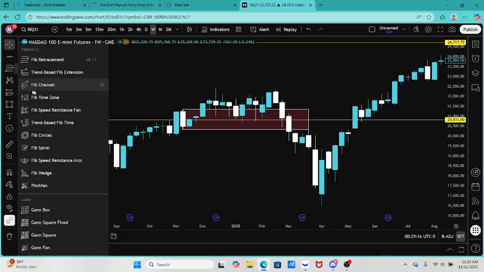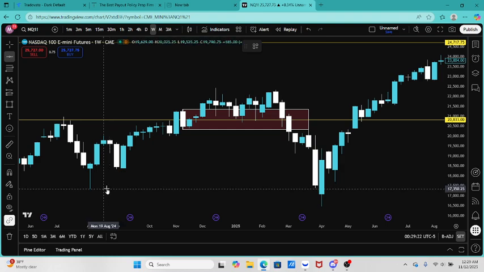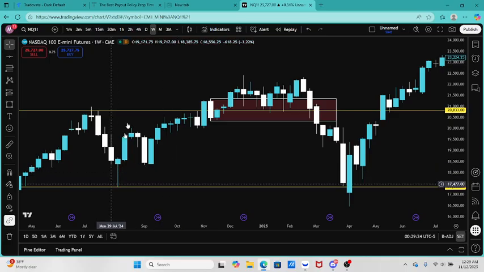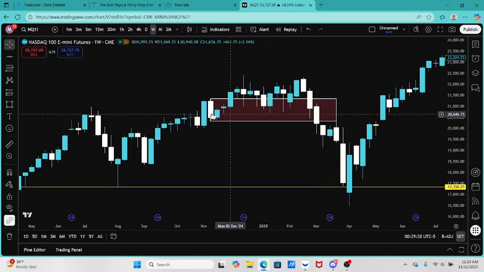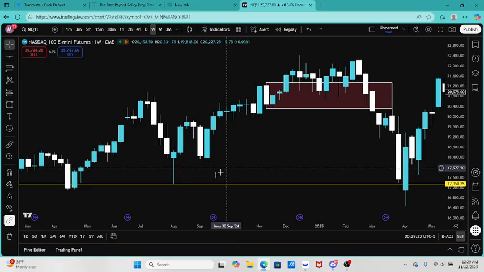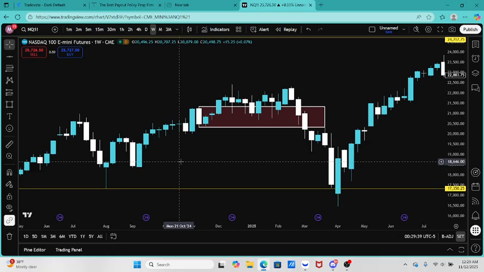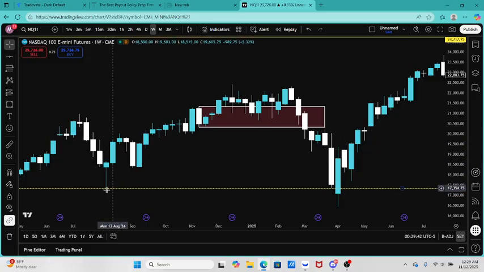We'd be aiming for this swing low right here. Let me remove this line. And why? Because there's many people that put their stop losses under these lows and they get taken out of the market. And then people think, oh, they're hunting my stop losses and they're out to get me. But no, these are just obvious levels.